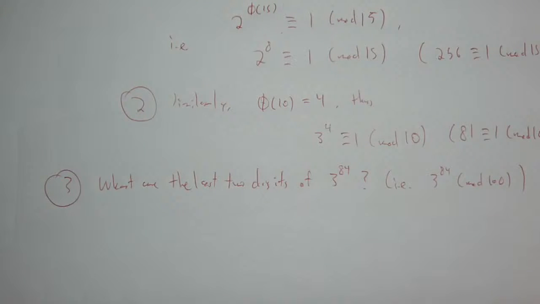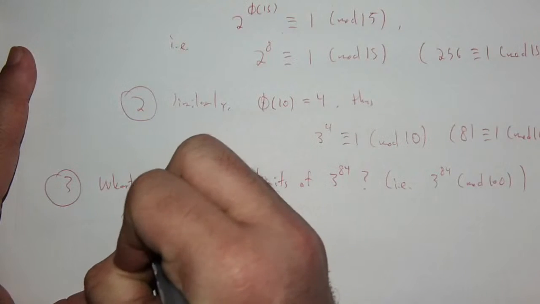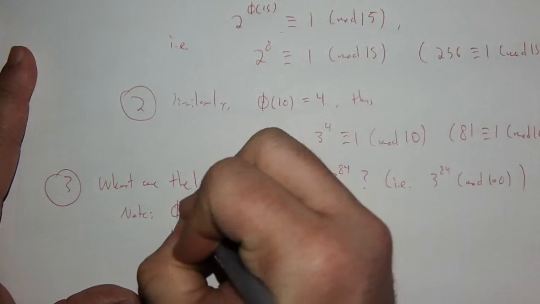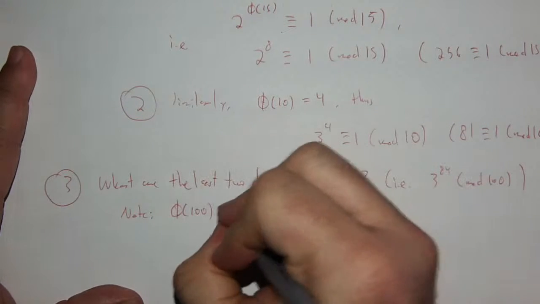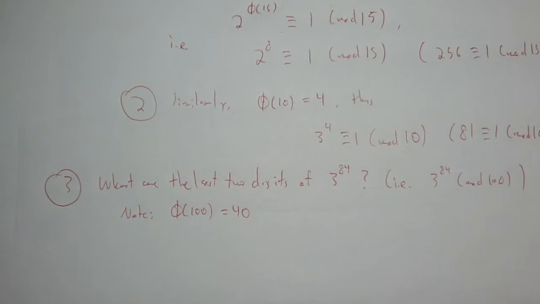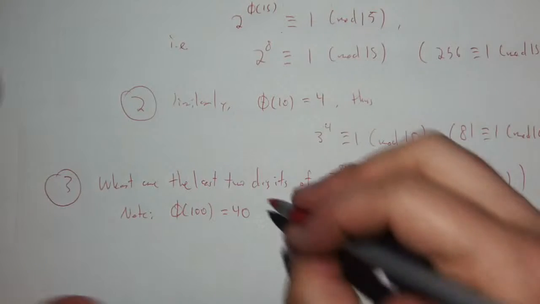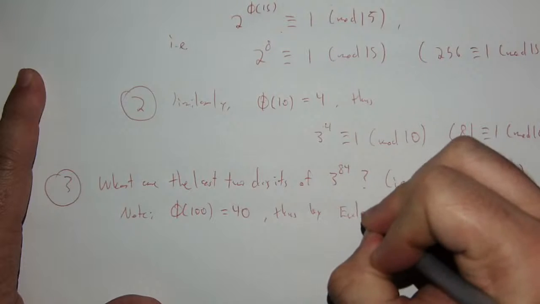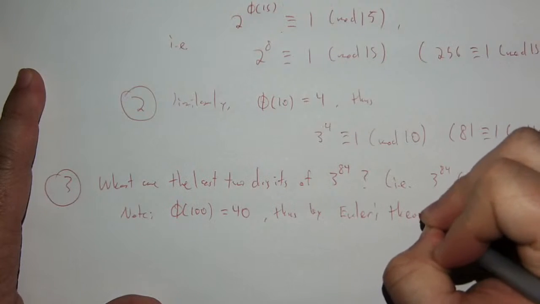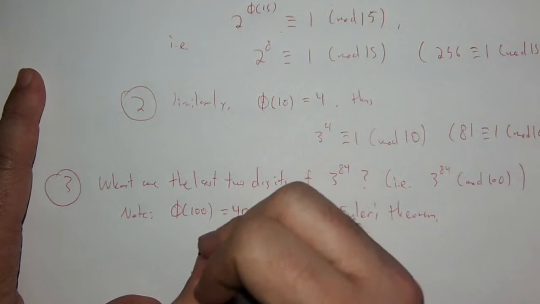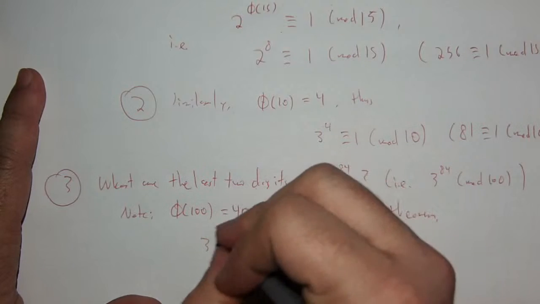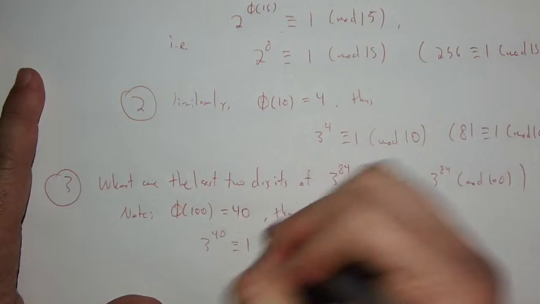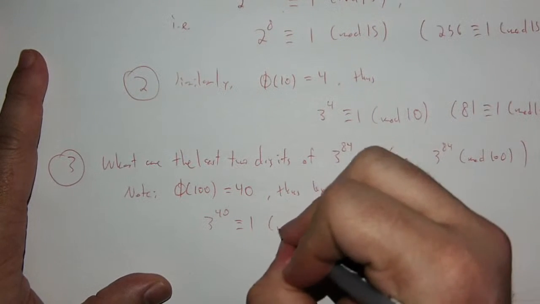Okay, so in order to compute 3 to the 84 mod 100, I note that phi of 100 is 40. Thus, by Euler's theorem, 3 to the phi of 100, that is 40, is congruent to 1 mod 100.